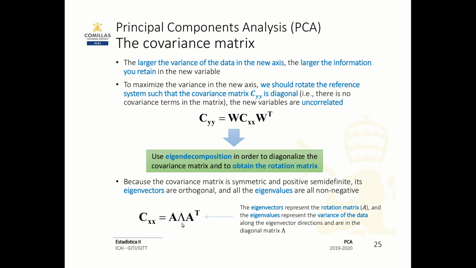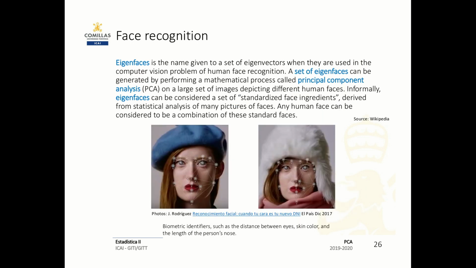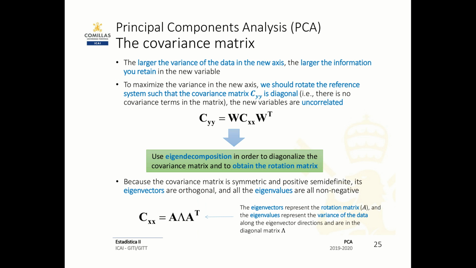So this is at the core of PCA. We will see it later in more detail, but the core of PCA is finding a rotation such that the covariance matrix of the newly constructed variables is diagonal.